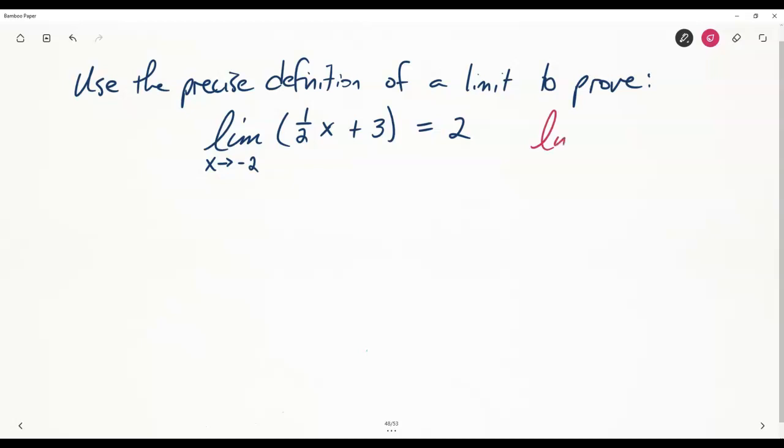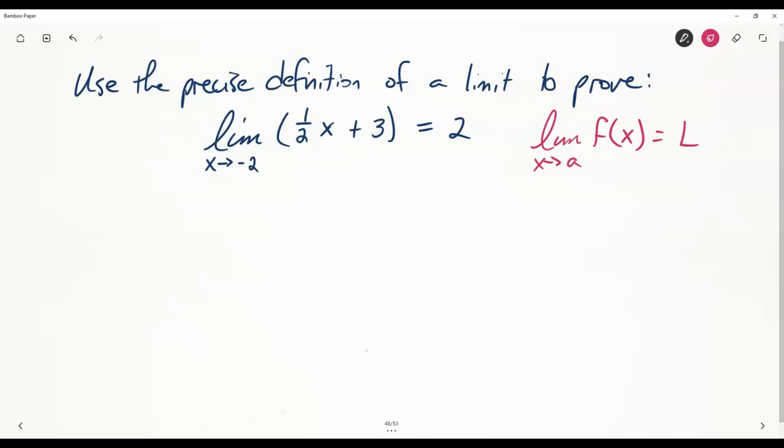We're dealing with the limit as x approaches a of f of x equals L. So if you just pair up with what is in our limit, I can see that a is equal to -2, my function is 1/2 x plus 3, and this value of L is equal to 2. So I want to set up my problem.